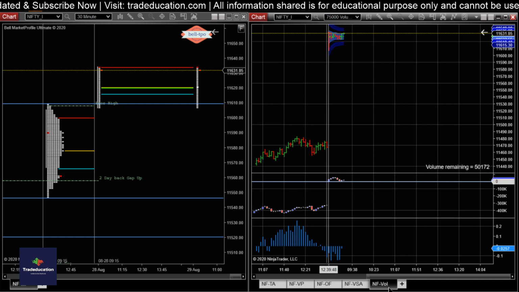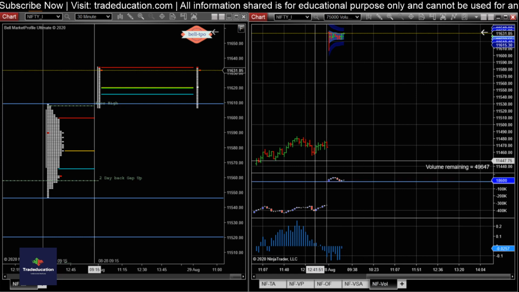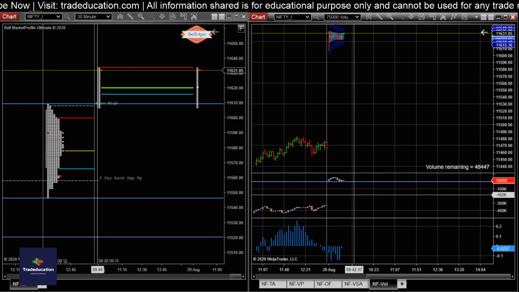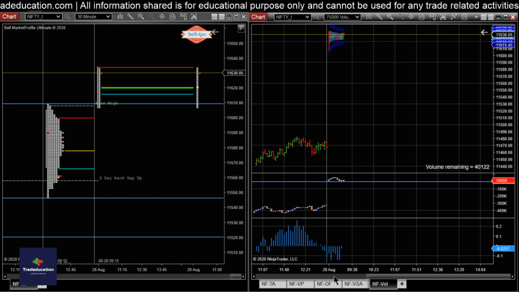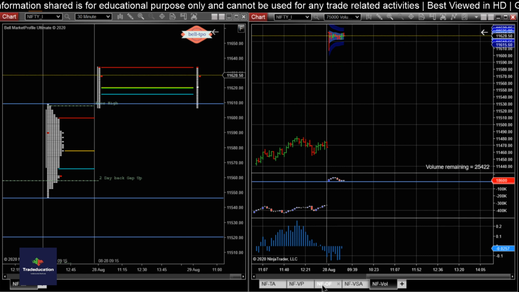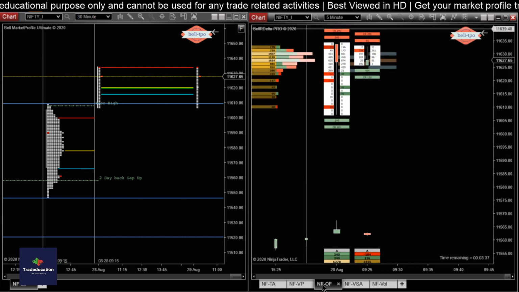Here it has crossed above VWAP, and here delta has turned from zero and it's just going higher. Okay, some choppy action going on. Let it chop.